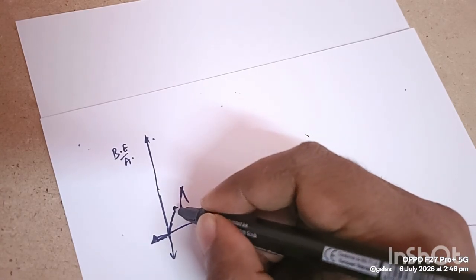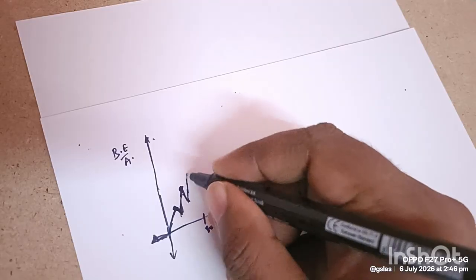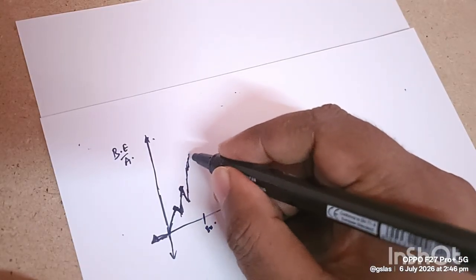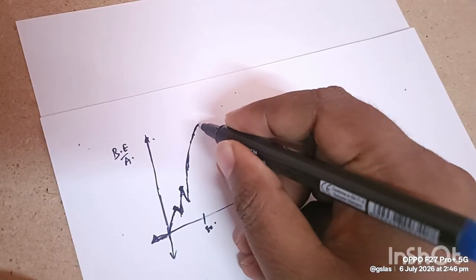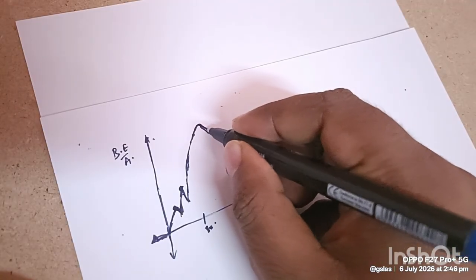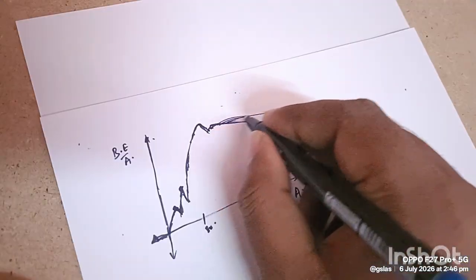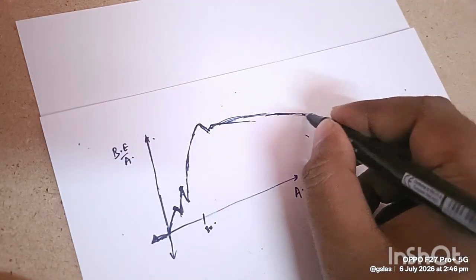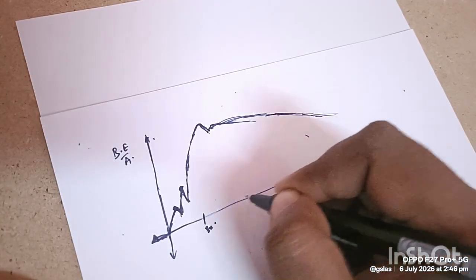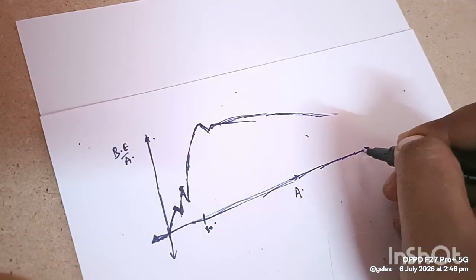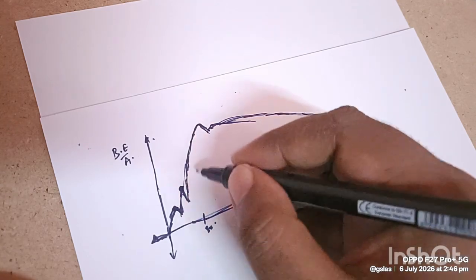These peaks represent very stable nuclides, and then from 30 you'll get one sharp peak around here, and then almost kind of plateaus, and then goes something like this. Well, this is not exactly correct, but the idea is essentially the same.